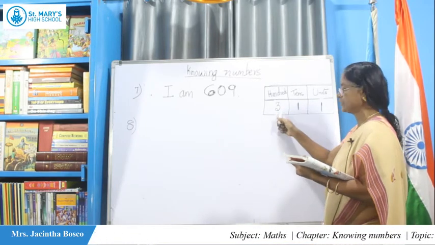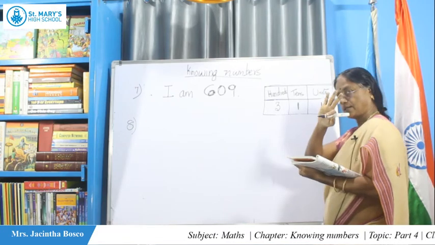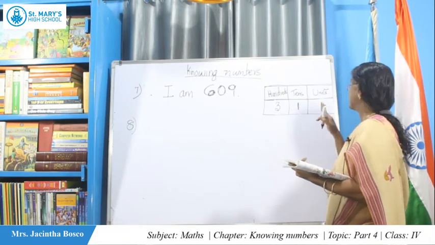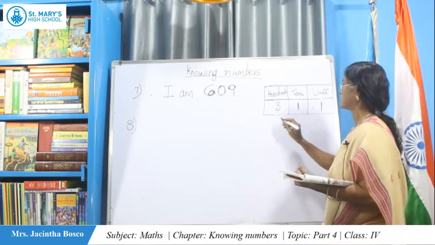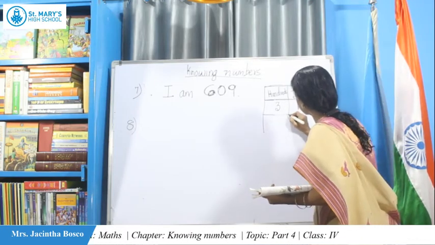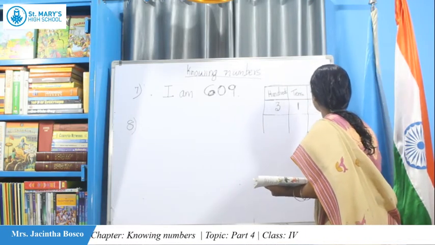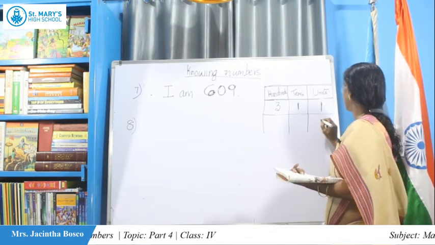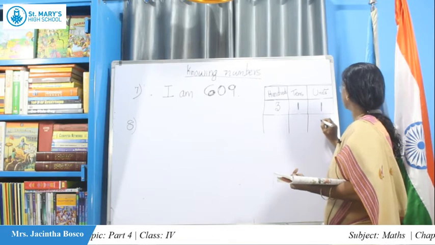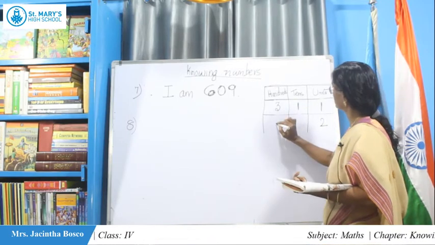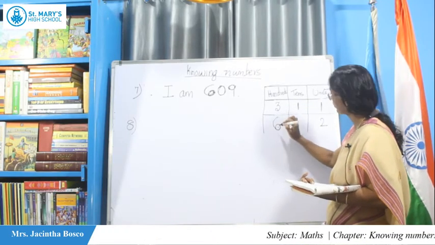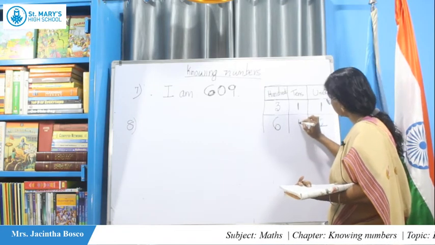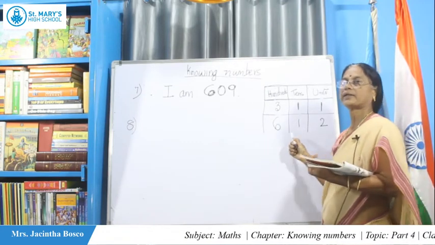See the question once again, whose digit in the hundreds place is 3 times the digit in the units place. Now shall we go for the next number? Suppose if I put here 2, what shall I write here? 6. Then what is in the tens digit? 1. 612.